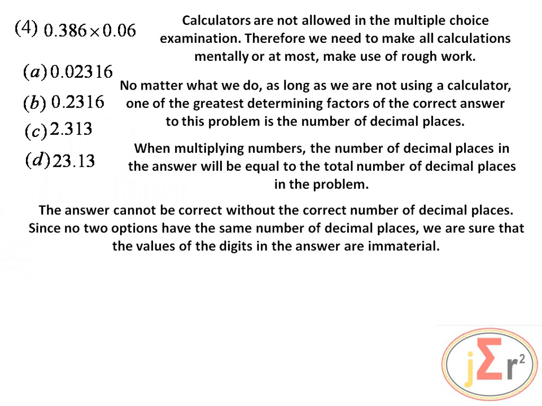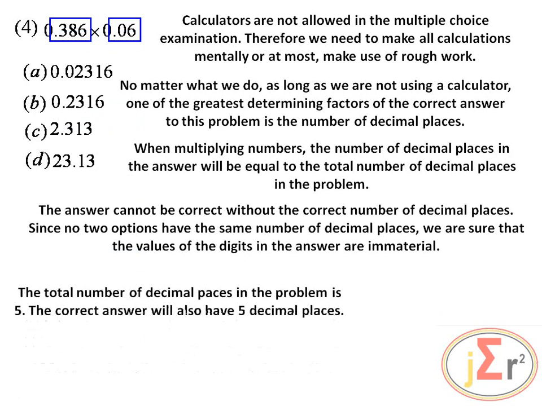So the correct answer will have the correct decimal places. Here, no two options have the same number of decimal places. Therefore, if we can identify the one with the correct number of decimal places, then we would have identified our answer. What do we have there?